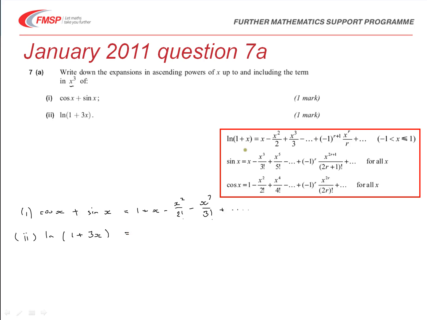So substituting 3x into this expansion, the first three terms that we require will give us 3x minus (3x) all squared over 2 plus (3x) all cubed over 3, which if we tidied that up will give us 3x minus 9 over 2 x squared plus, well, 3 cubed is 27, over 3 takes you back to 9, so this is just 9x cubed.